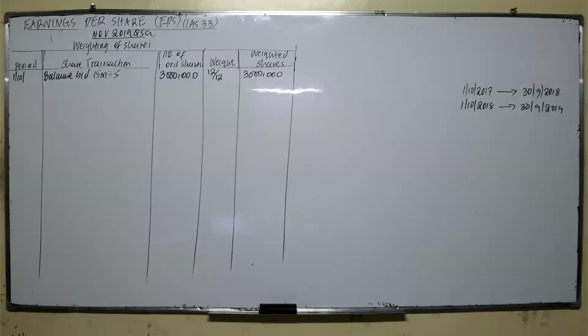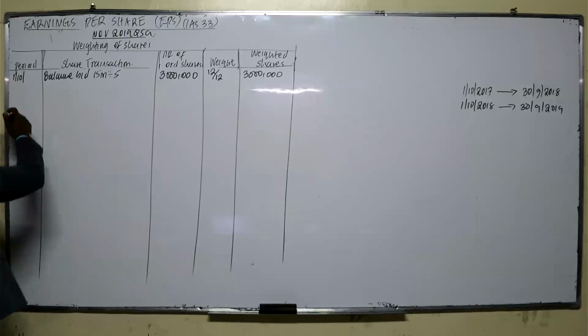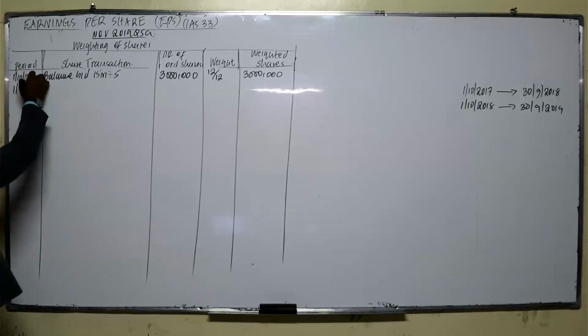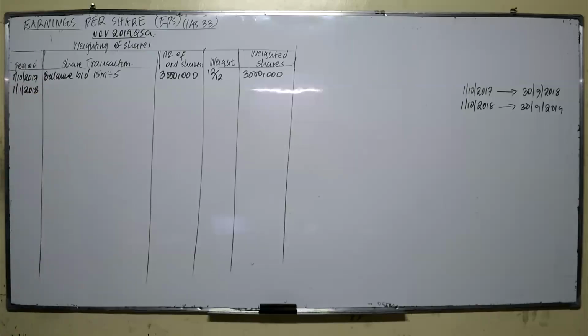Number 2, Dakika Limited issued some 500,000 ordinary shares at full market value on 1st of January 2018. How many months to the end of the year? 9, correct. The year ends in September, so from January to September is 9 months.